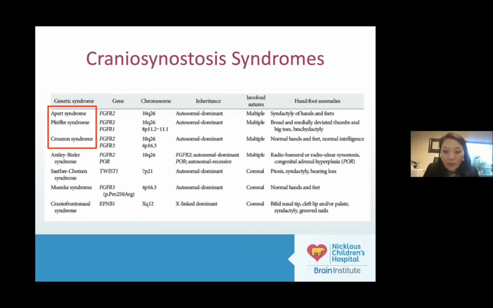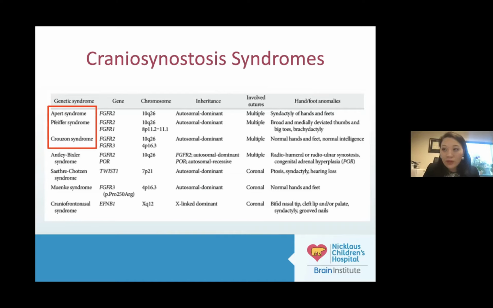The most common gene involved with craniosynostosis is FGFR1, which occurs in about 32% of the craniosynostosis identified in one genetic study, FGFR3 in 25%, the TWIST gene in 19%, and EFNB1 in 7%.